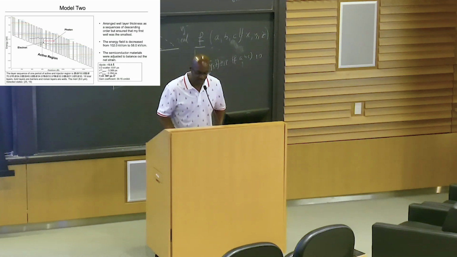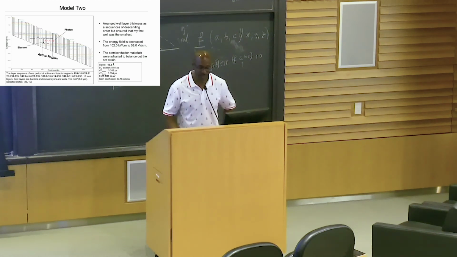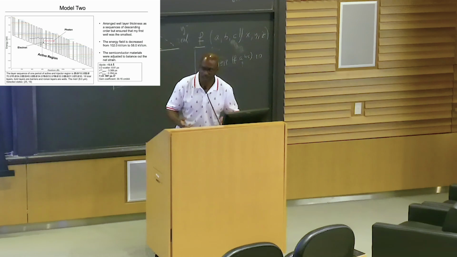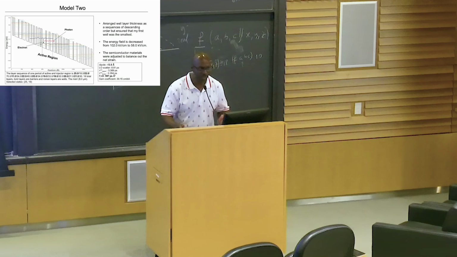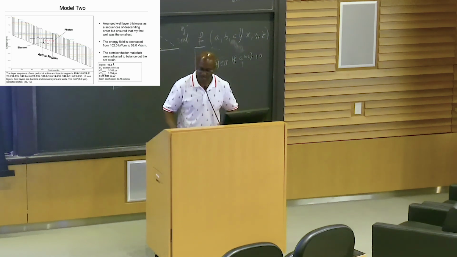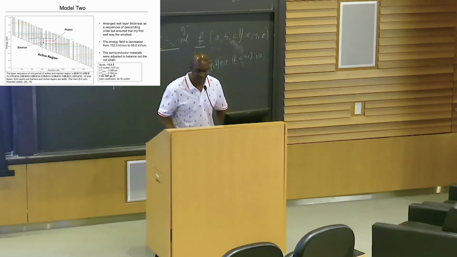Now, when I decided to come up with my second model, what I did was I read a bunch of literature by my faculty mentor, and I started seeing a particular pattern in how these lasers were designed using sequences within the wells and how the thicknesses of the material compositions were used. And I just came up with a system of layers that made more sense.